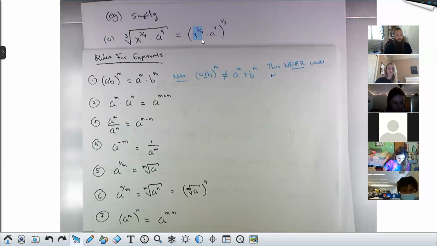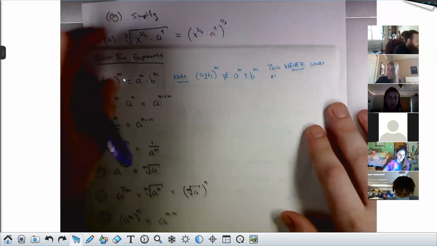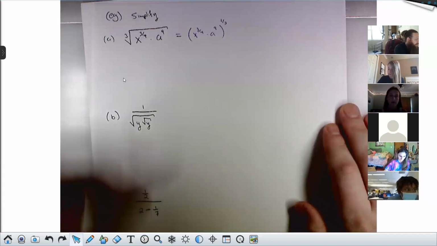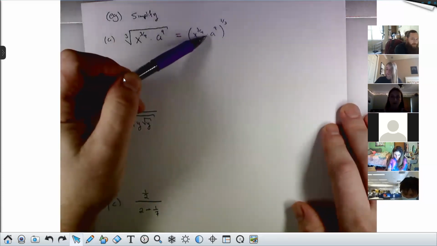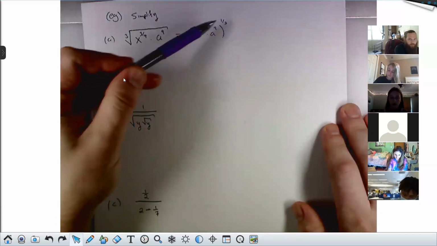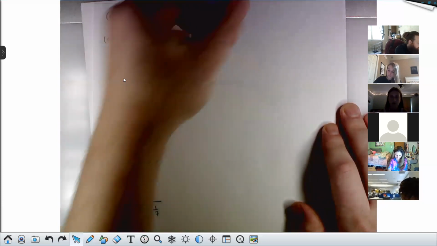So I've got something times something else, and it's all being raised to a weird power. That looks a lot like this, right? Something times something else, all being raised to a power. So I'm going to give that 1/3 power on the outside to each one of them on their own, because these two are being multiplied.